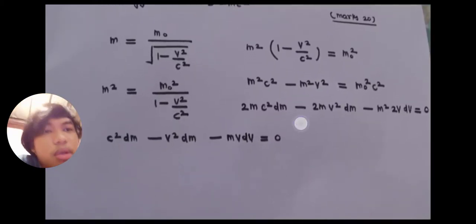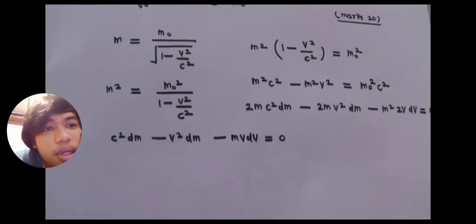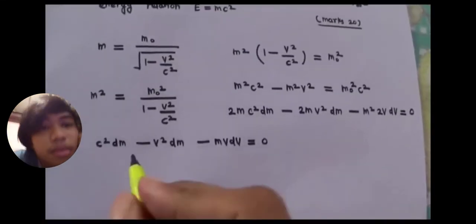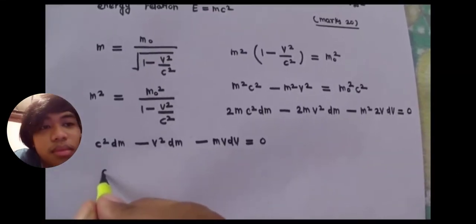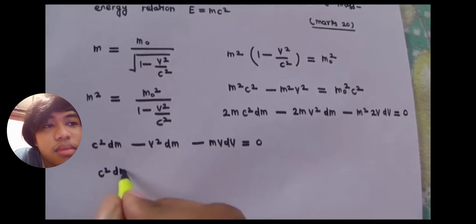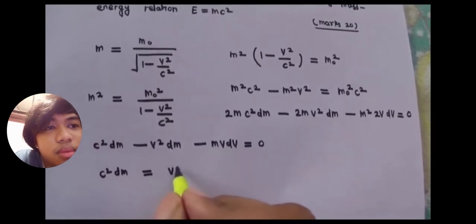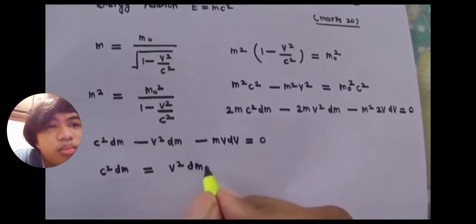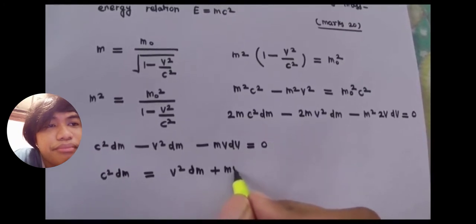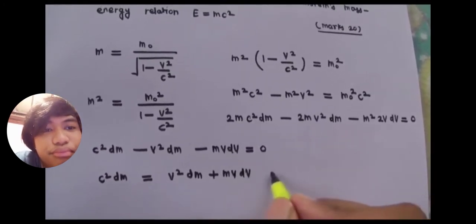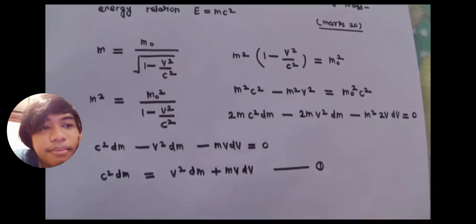So what he's doing here is dividing the common terms, which is the mass m. Okay, so that is the simplified equation. Or this can be written as c square dm is equal to v square dm plus mv dv. Equation 1.